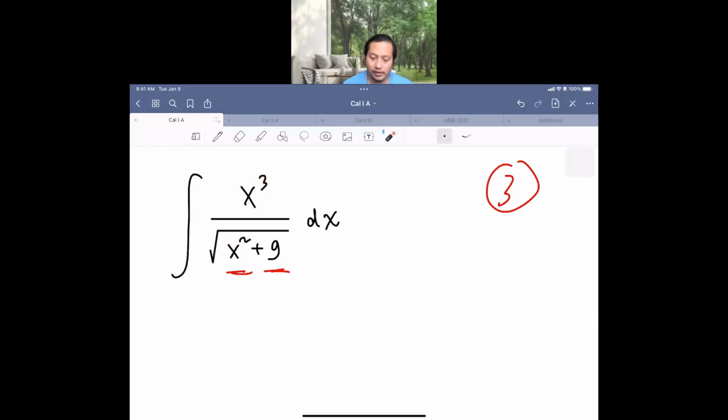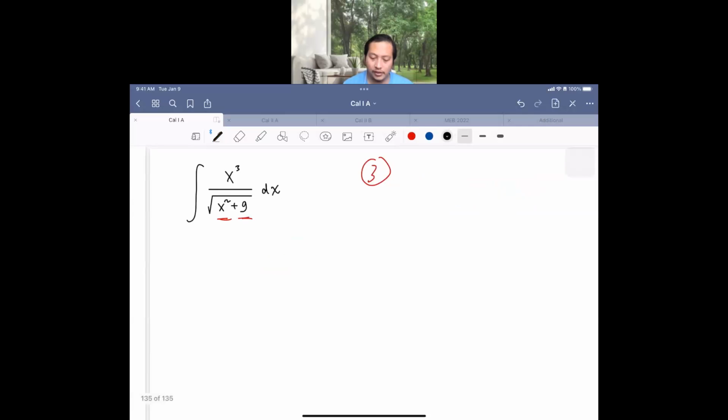If this were just x, perhaps the substitution is easy, right? We could cancel the x later because we have the x squared at the bottom, and we can differentiate, which becomes 2x, right?